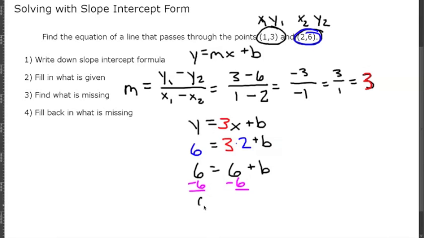And we're going to get that 0 is equal to b. Take this b value and plug it into our slope-intercept formula. So our final answer is going to be y equals 3x plus 0, which is the same thing as y equals 3x.